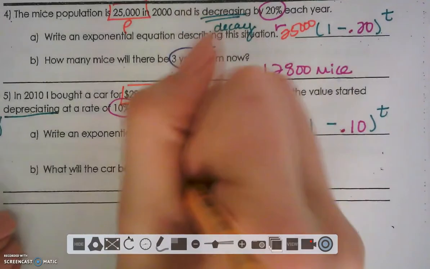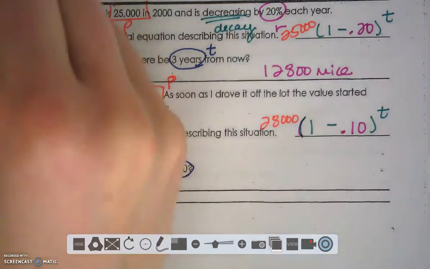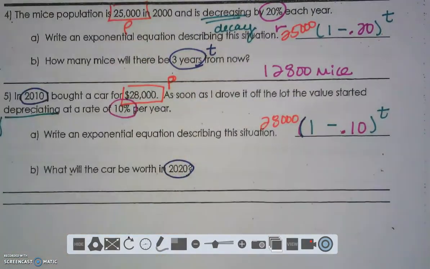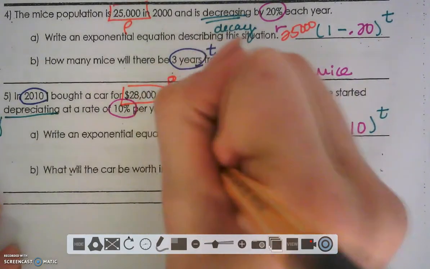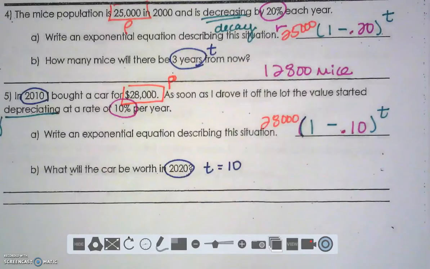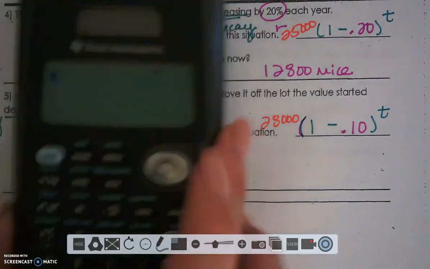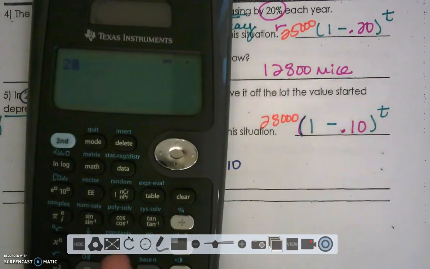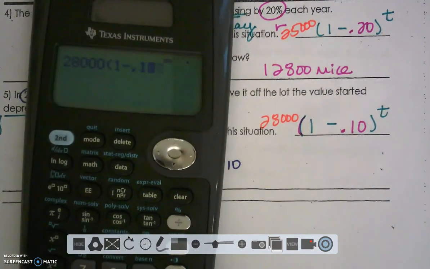Well, they want to know what happens in the year 2020. Well, if I start in the year 2010, how much time has passed? We should be writing T equals 10. From 2020 to 2010, that is 10 years that have passed. So we'll substitute that into our calculator. We'll say 28,000 times 1 minus 0.10.